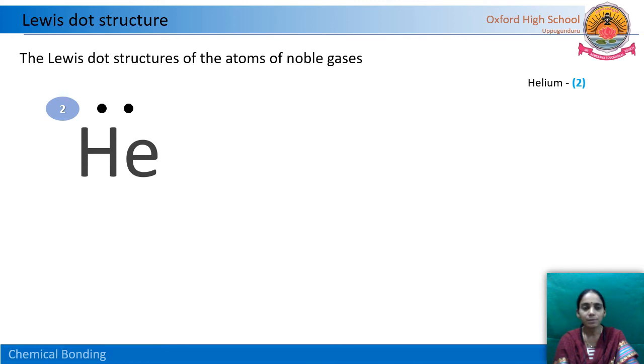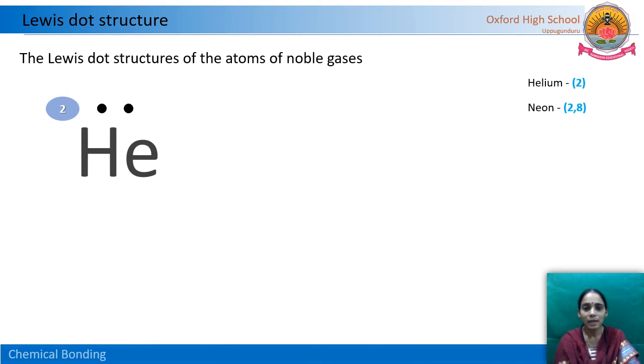It is easy. But coming to neon, the general electronic configuration is 2, 8. So how many valence electrons are there in neon? The outer shell consists of 8 electrons. So how to write the Lewis dot structure for neon? Observe this carefully. The neon nucleus and the remaining electrons except valence electrons. How many valence electrons are there? 8. The remaining 2 electrons are there.